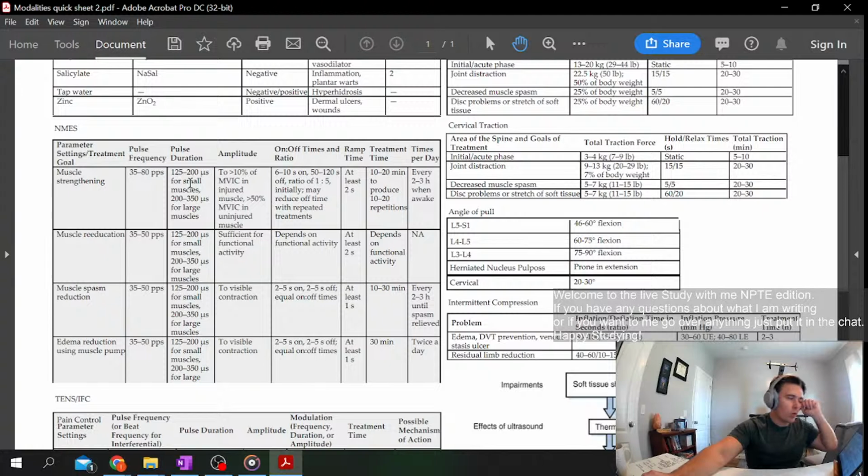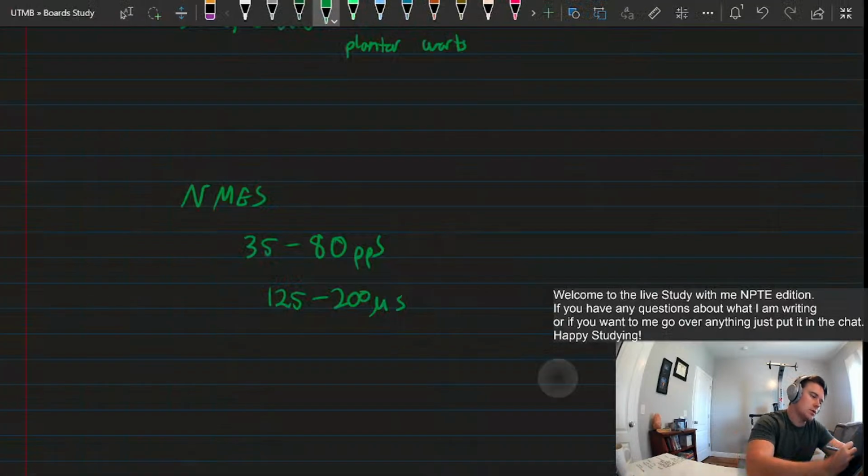If you look here, 125 to 200 is going to be for small muscles, and then 200 to 350 microseconds is for large muscles.